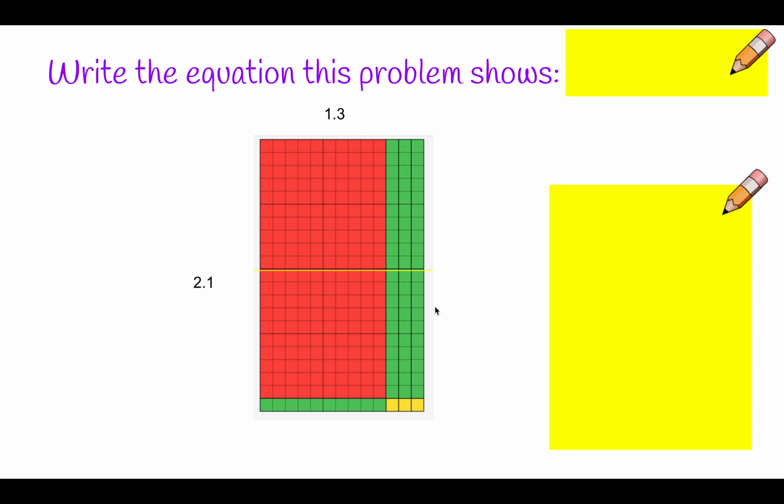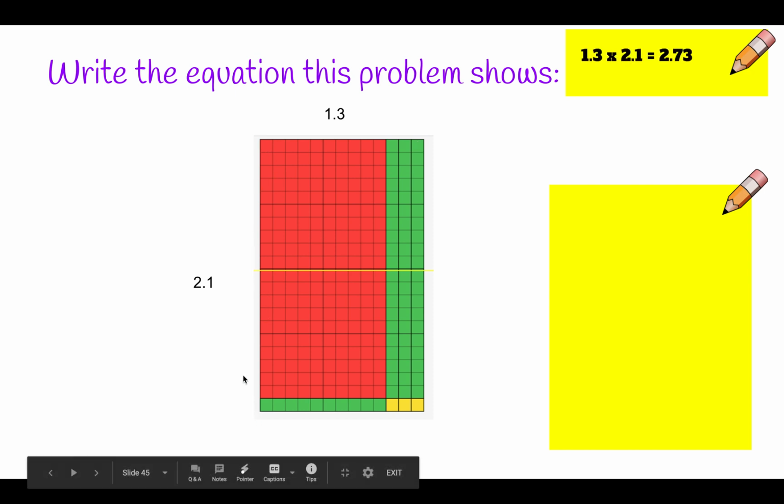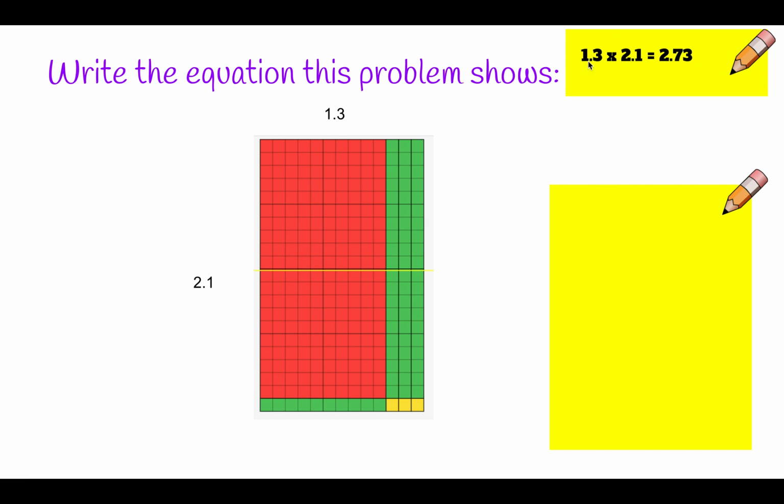Let's check out another example. This rectangle is 1.3 blocks long and 2.1 blocks tall. So it shows the equation 1.3 times 2.1, and we can see how many blocks there are in the answer. First, we count the whole blocks. There's 2 whole blocks. Next, we'll count these tenths.